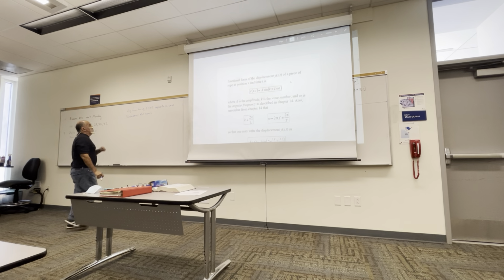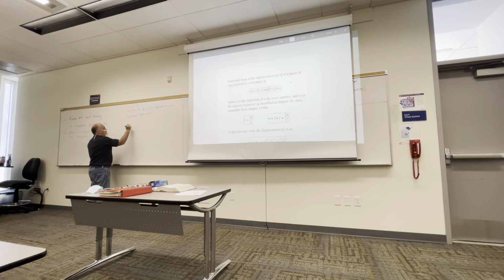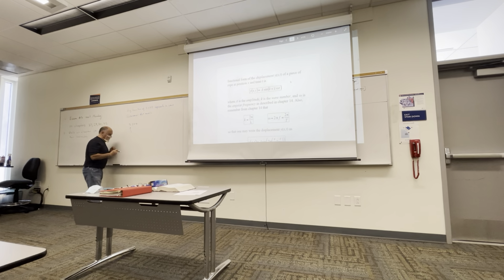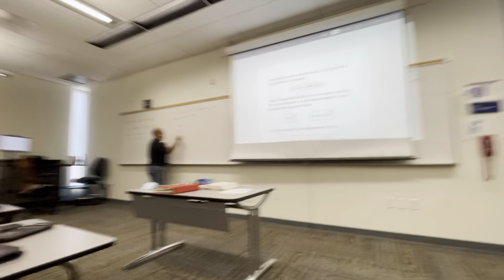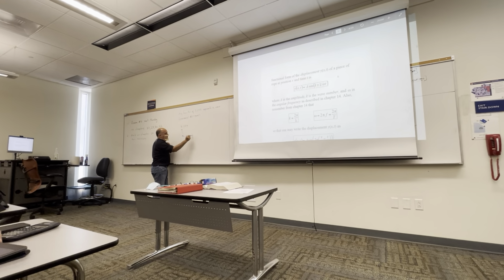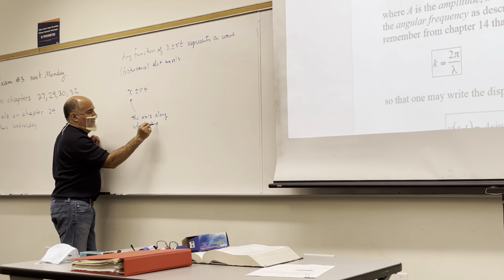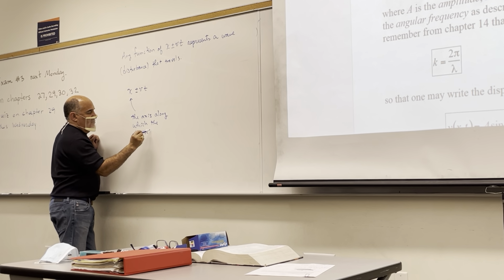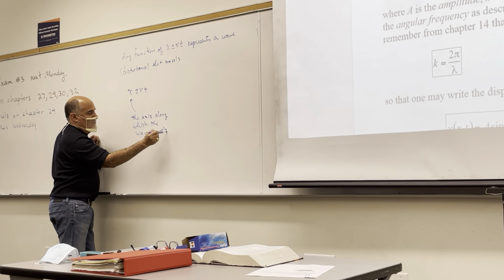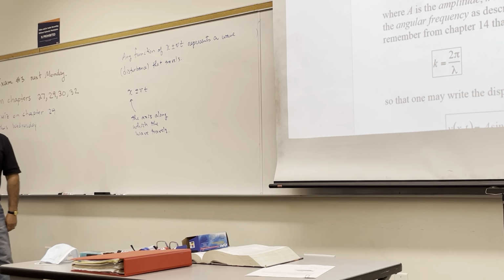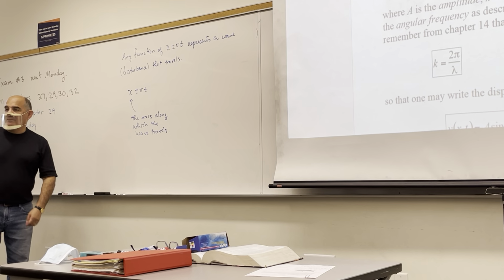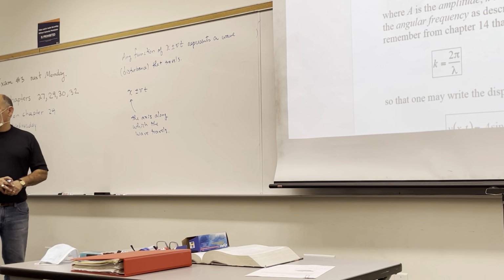So when you see this x plus or minus vt, right? So the x tells you the axis along which the wave travels. It's the axis along which the wave travels. In other words, it travels along the x-axis.